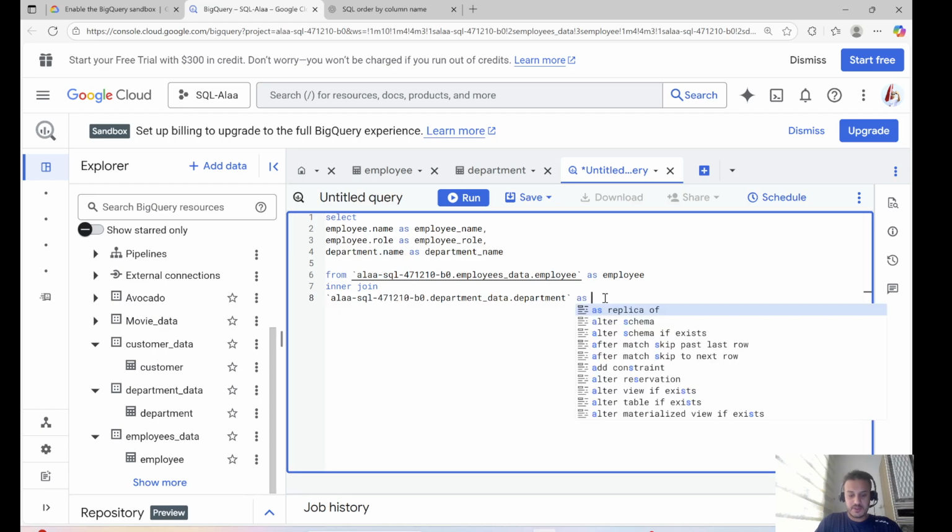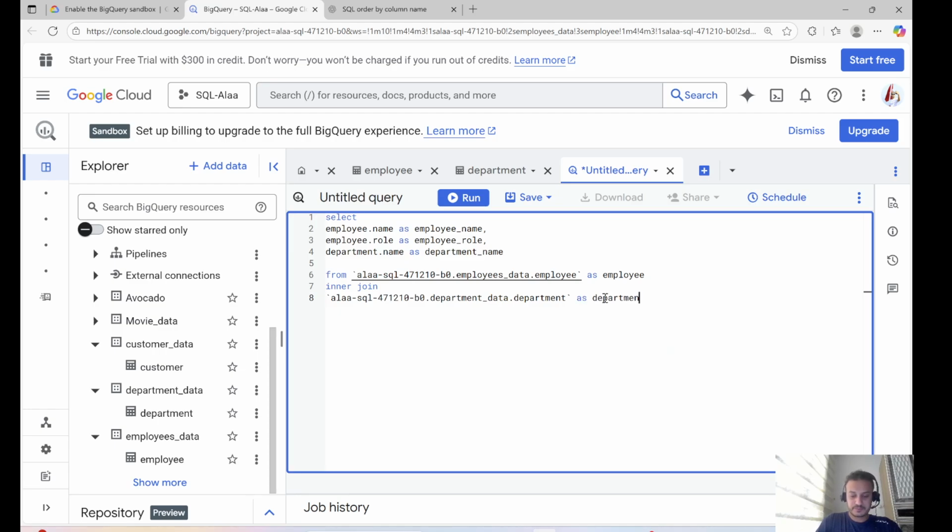This is the inner join, from employee, and we need to find the relationship, the matching part between department and employee.